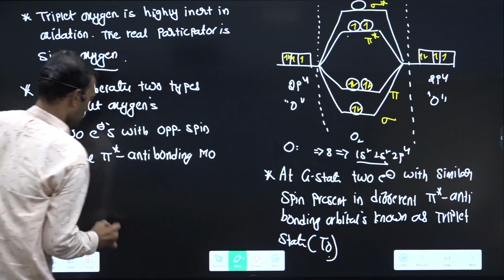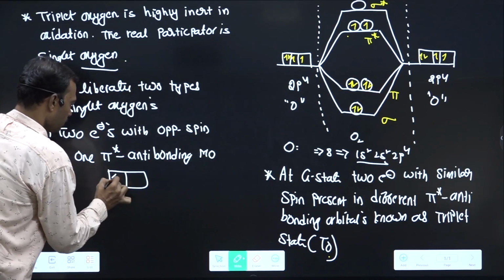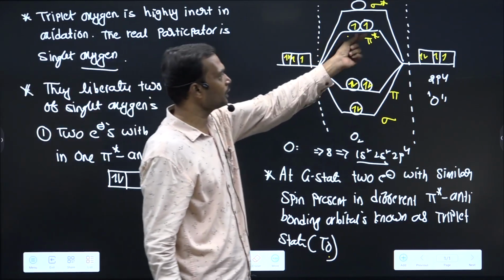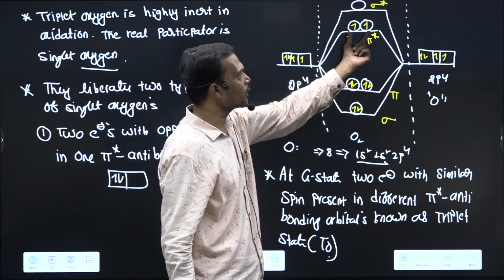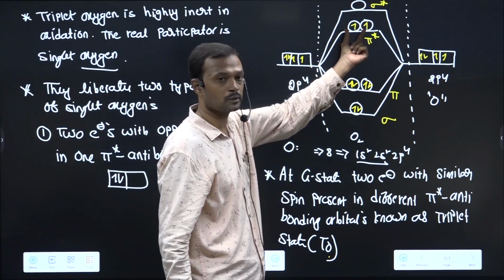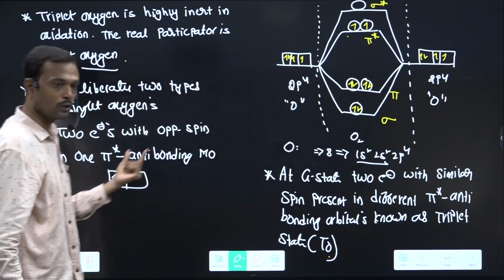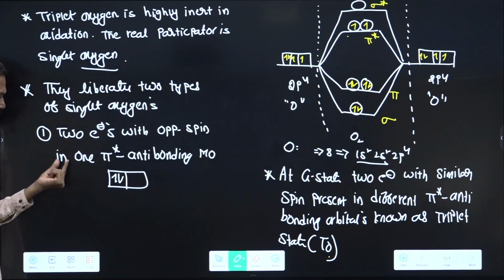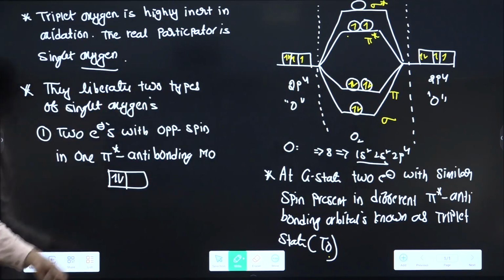Antibonding molecular orbital. So that is this type. Is it singlet or triplet? Singlet. See, here two electrons are present in two different pi star antibonding orbitals with same spin or opposite spin? Same spin. Now what I am writing is two electrons with opposite spin in one pi star antibonding orbital.